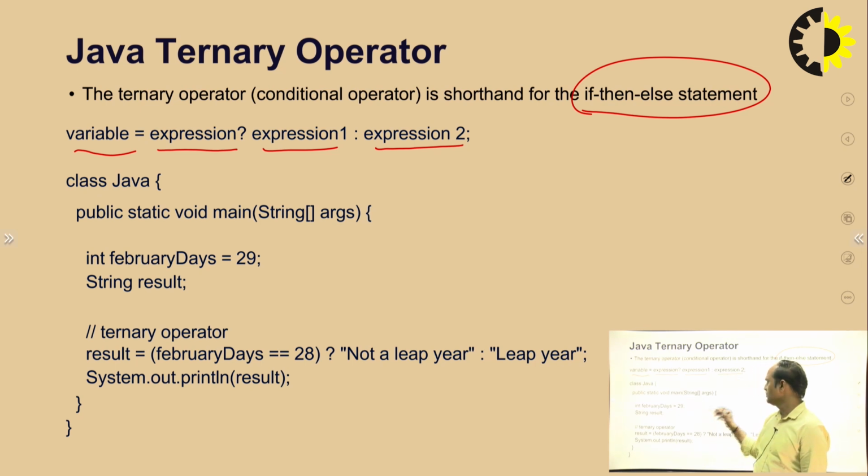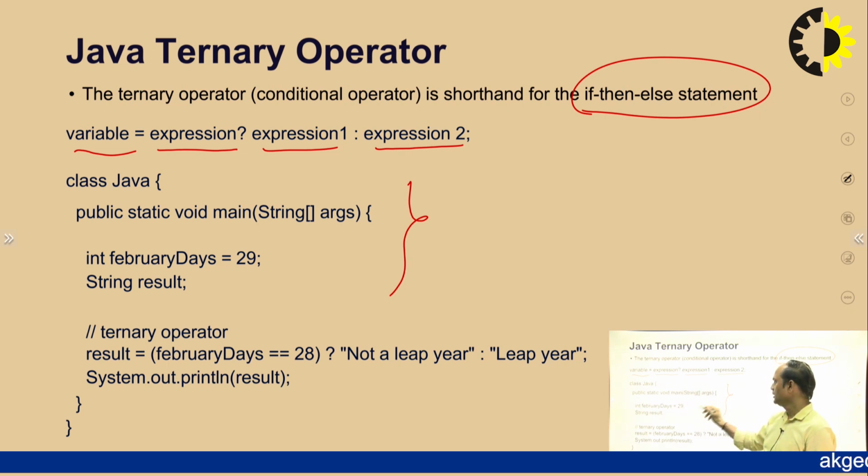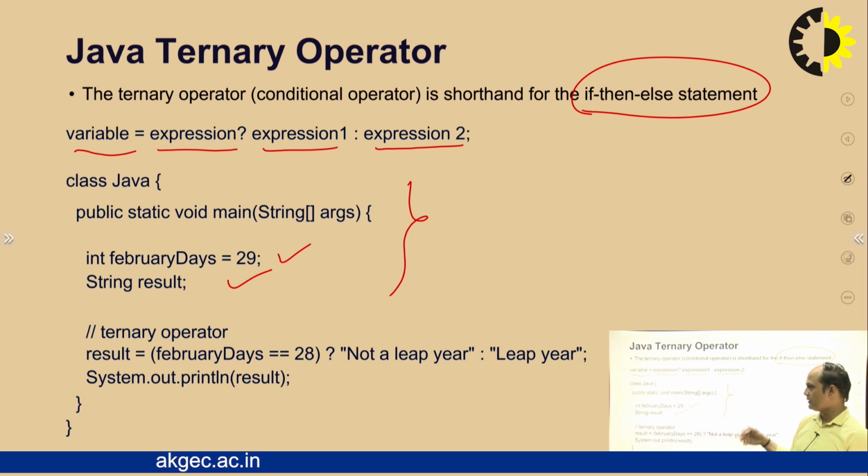Suppose we have a small Java program: class, public static void main, and the February days is 29, String result. What is the motive of that particular program? We can run that program in Java.